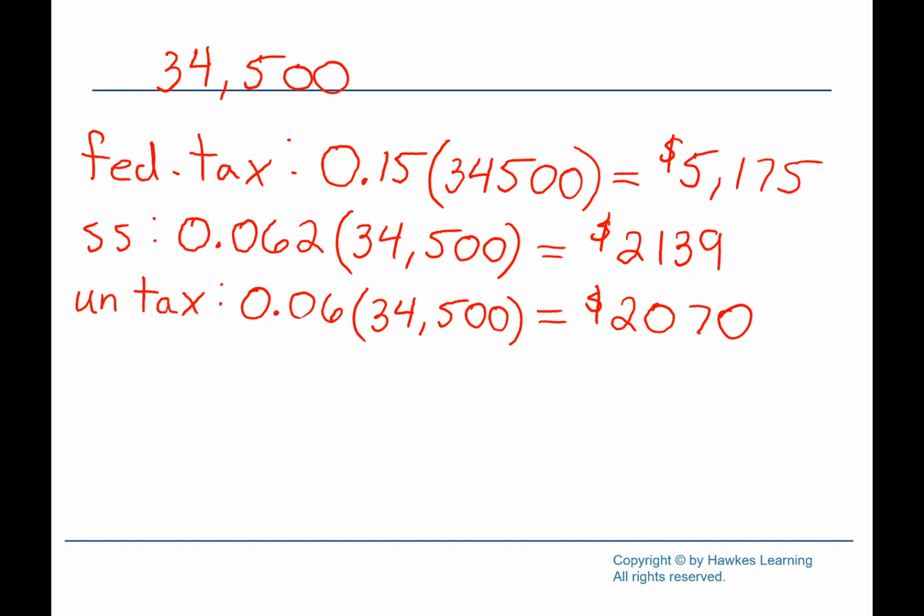Okay. So for total yearly taxes, I'm just gonna add all these up. So 2070 plus 2139 plus 5175 gives me $9,384. That's total.